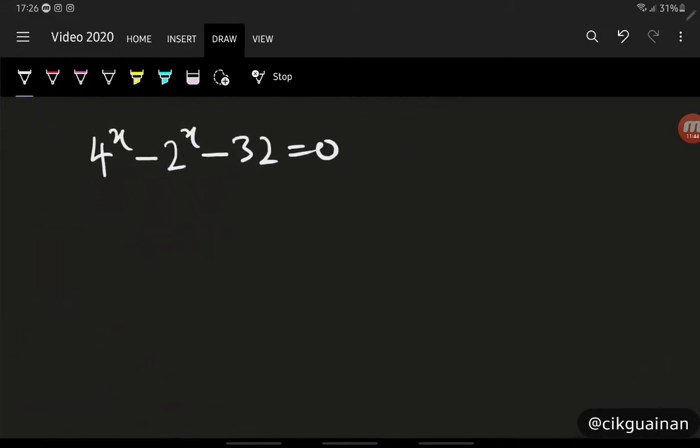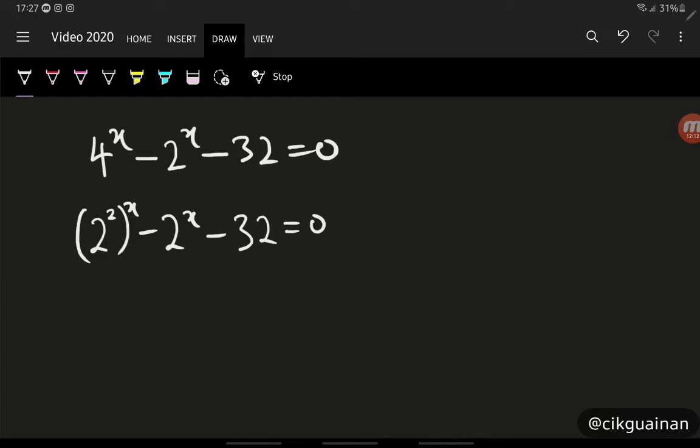Now we have 4^x minus 2^x minus 32. As I said just now, we want the smallest base that we can think of, and we can see over here it is 2^x. The problem is we get 4^x over here. And we know 4 is 2 squared. We change it. Minus 2^x minus 32.